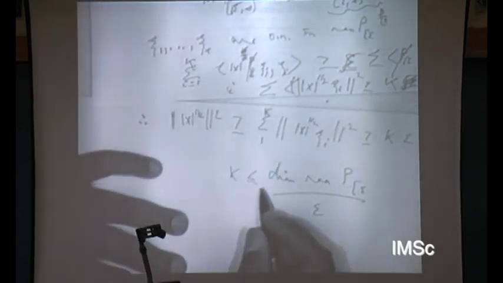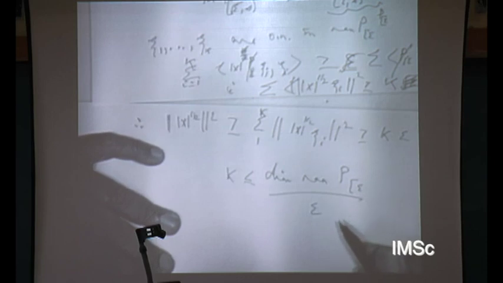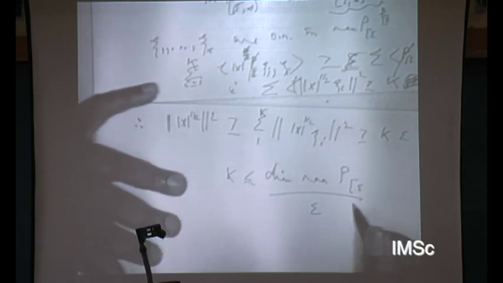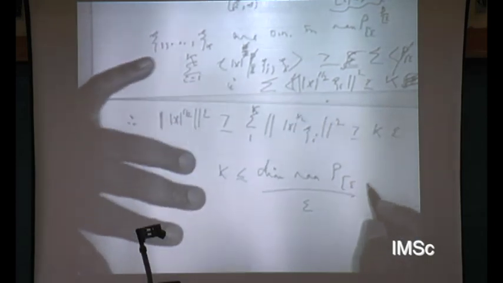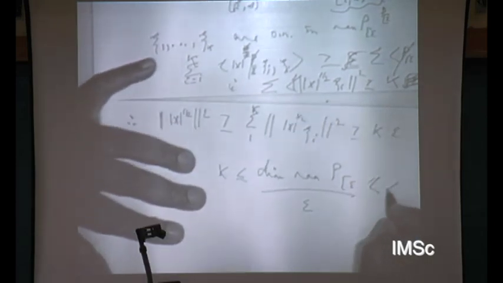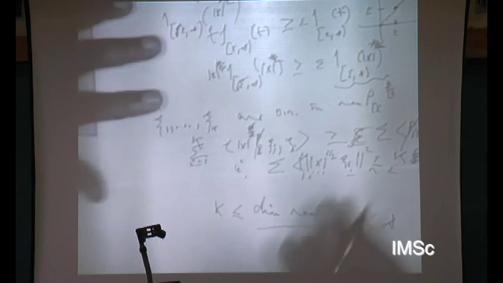That number may not even be an integer, but whatever it is, I'm saying this is finite. For every epsilon, we've shown that the range of p epsilon is finite dimensional.